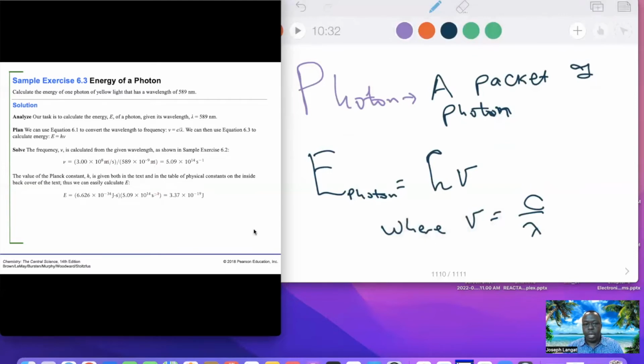What is happening here is just rearranging that. On the whiteboard, frequency is the speed of light over the wavelength. Please take note of how the wavelength in nanometers has been changed to meters, because the speed of light has units of meters per second. How do we change that?